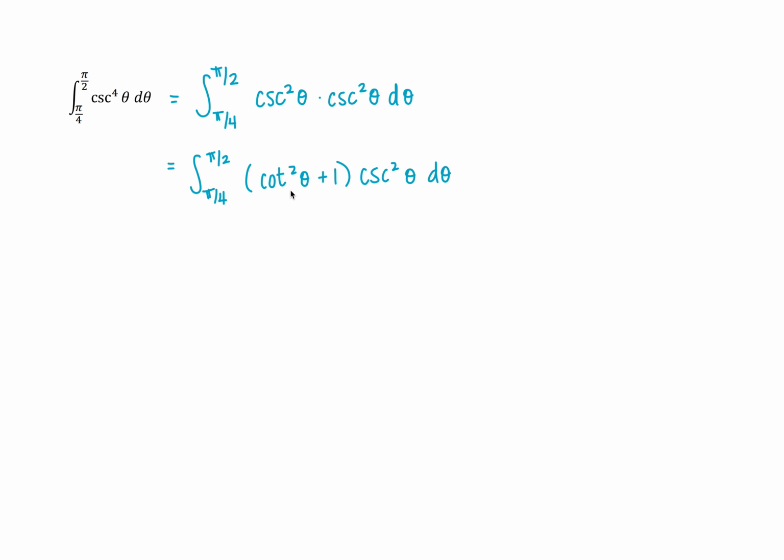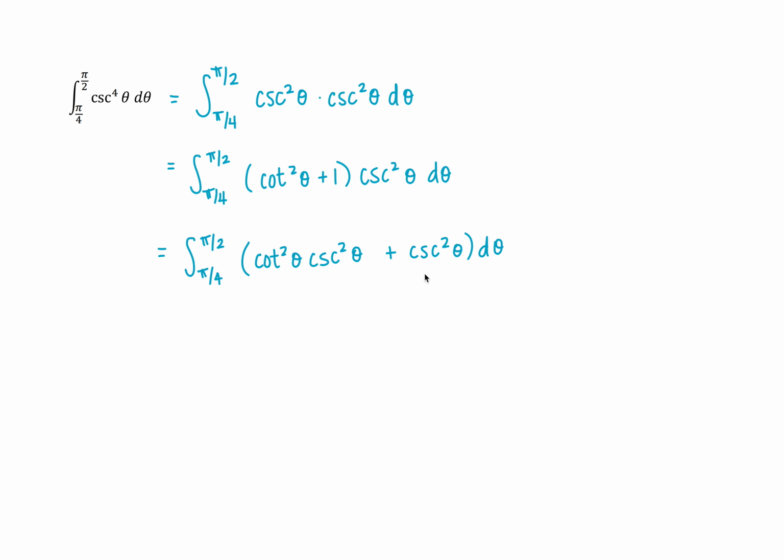And then I'm going to distribute the cosecant squared theta here. So I have cotangent squared theta cosecant squared theta plus cosecant squared theta d theta.